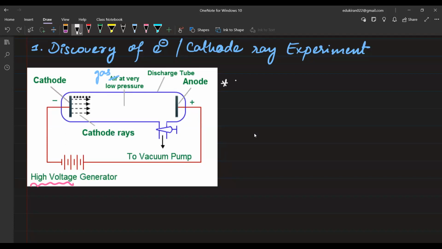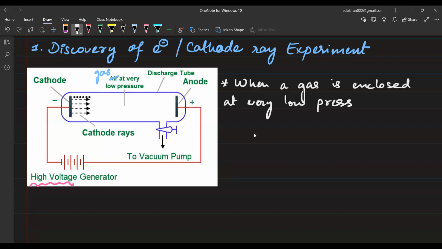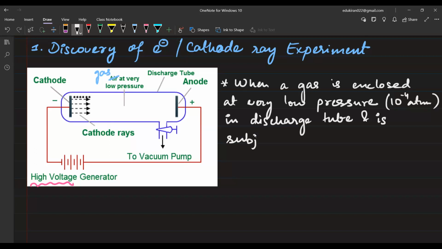When a gas is enclosed at very low pressure, and this pressure is almost 10 to the power minus 4 atm, in a discharge tube, and is subjected to high voltage.